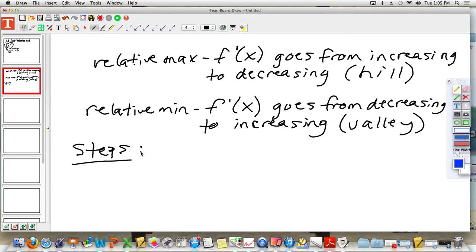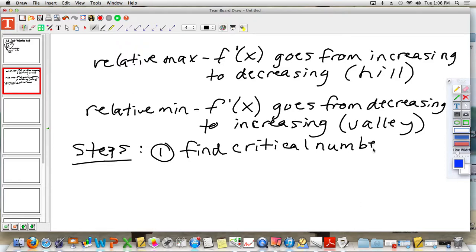Two steps, the first step being that you need to find the critical numbers. So we're going to find the relative minimum and the relative maximum by finding critical numbers, which shouldn't be new information to you. And the second thing that you're going to do is check regions on either side, and I will explain to you what that means with an example.